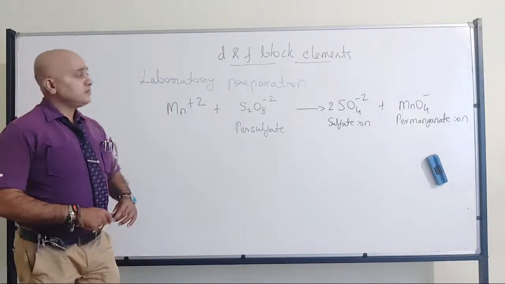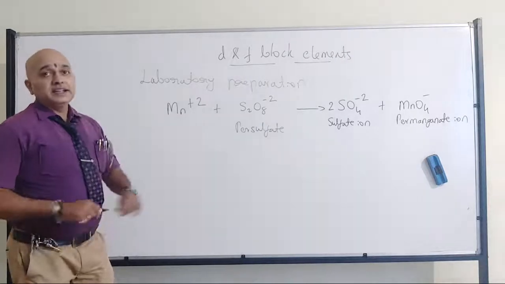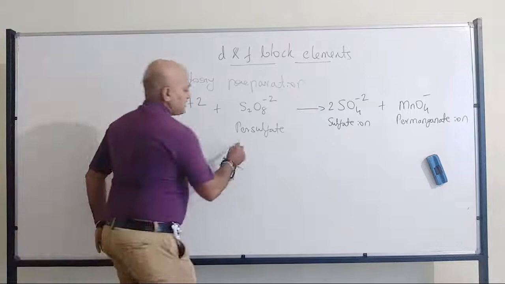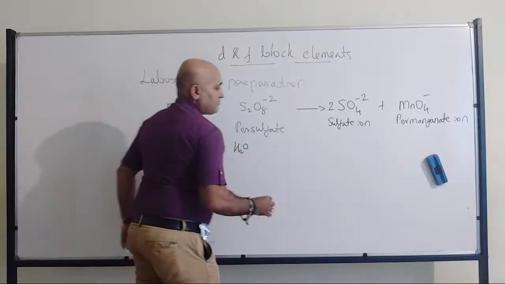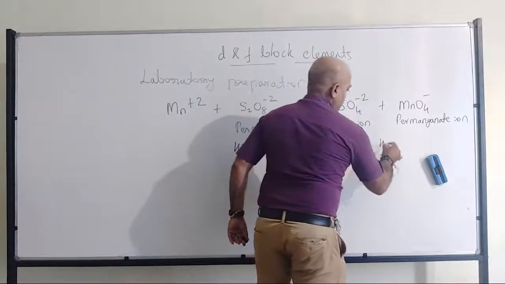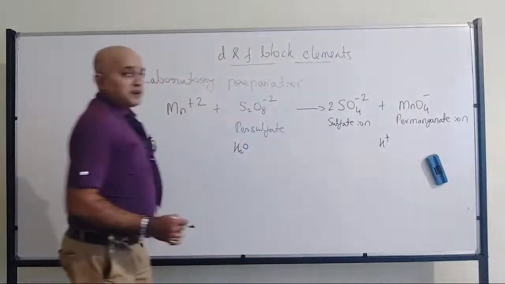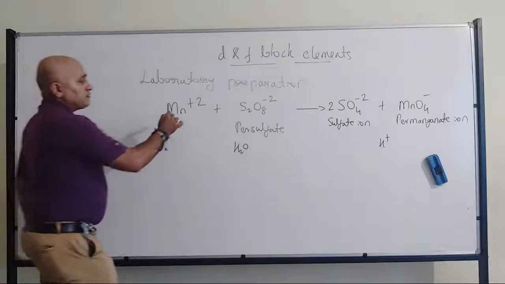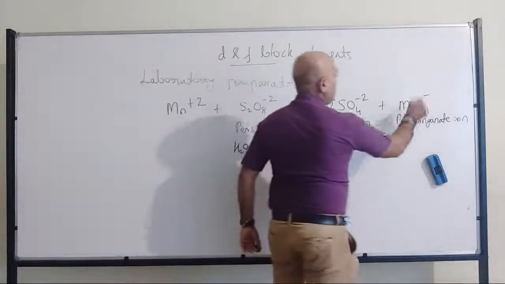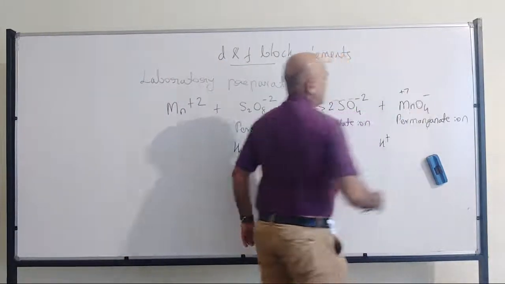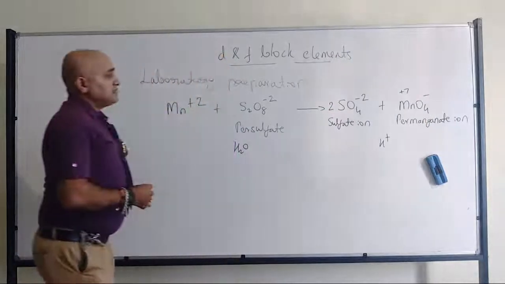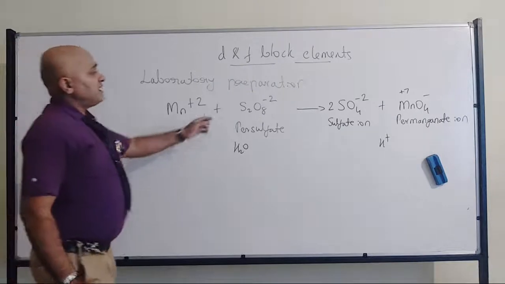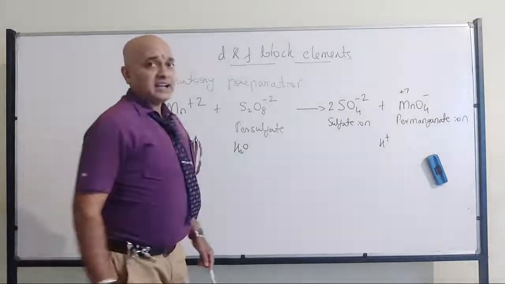Now we have to use water molecules to balance the equation. Otherwise this equation cannot be balanced. Since it is a redox reaction, Mn goes from plus 2 to plus 7.